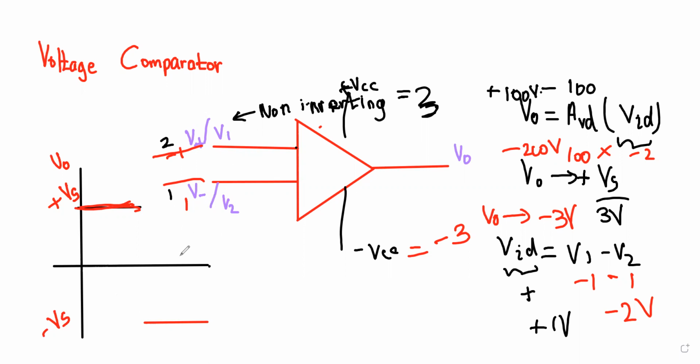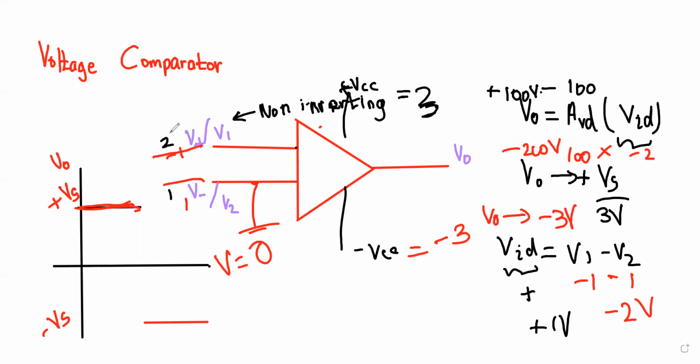And also we can further develop this as a zero comparator. Zero comparator simply means we ground this V minus. We know if you ground anything, the voltage would be 0.